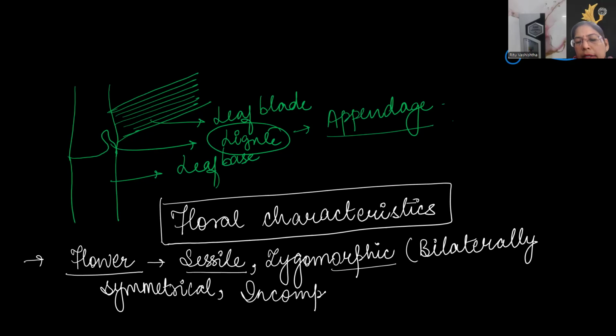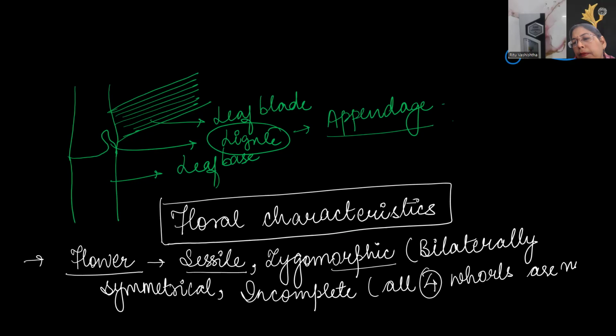incomplete. Incomplete means all four whorls are not present in the flower. Let us understand this.